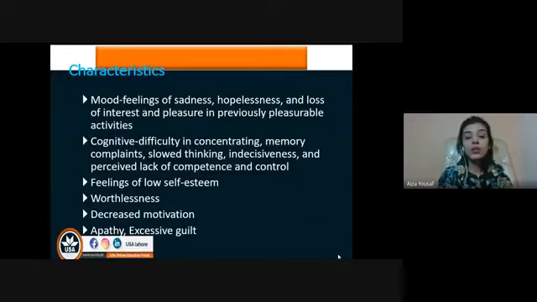In the domain of cognitive difficulty, a patient may have difficulty concentrating, memory complaints, slow thinking, indecisiveness, inability to make decisions, and perceived lack of competence and control. The patient may feel low self-esteem, worthlessness, decreased motivation, apathy, and excessive guilt.